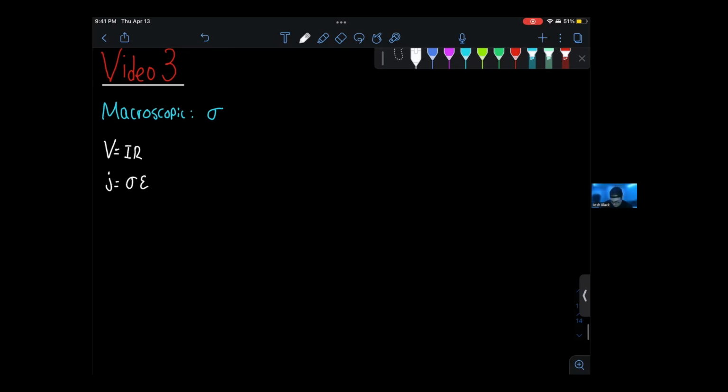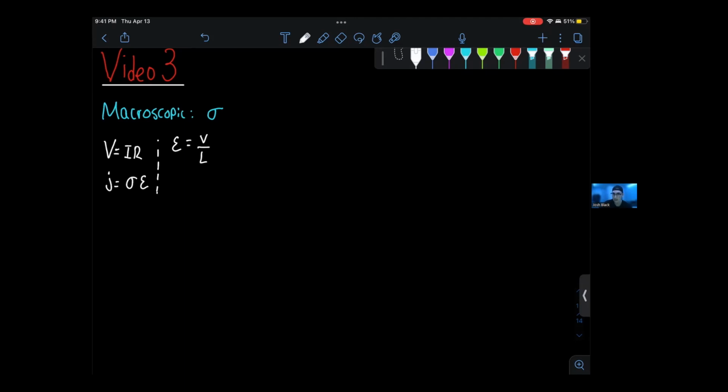Now the electric field can be described using several different formulas. The first one being the voltage that you apply to a length. So if I apply a voltage to a wire, this wire is going to have an electric field.